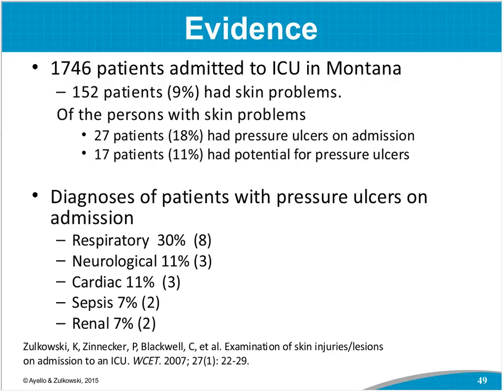But of the persons that had skin problems, of those 152 people, 27 patients, or 18% of those, were actually pressure ulcers. And 17 patients, the nurses had indicated, had the potential for pressure ulcers on admission. The diagnosis for these people was respiratory issues, neurological issues, cardiac, sepsis, and renal issues. And if you think about it, that's pretty much the majority of the patients that are coming to ICU have some of these problems. Next slide.